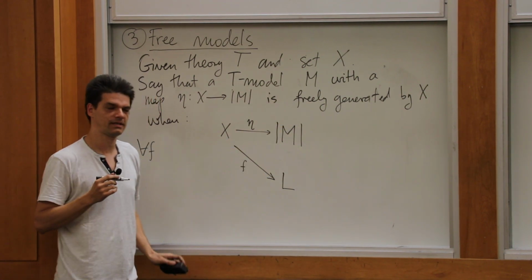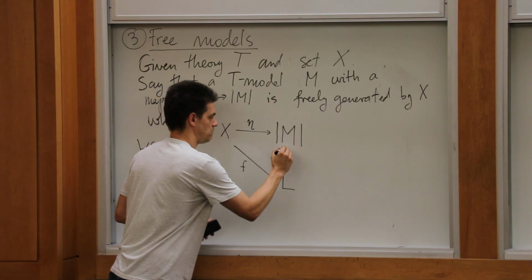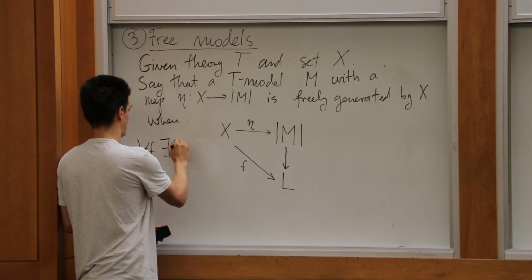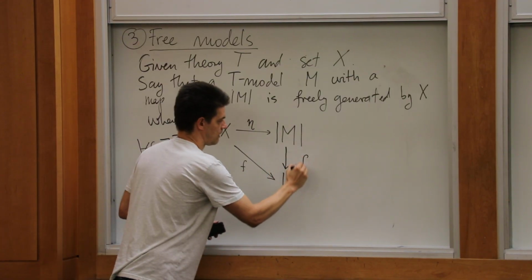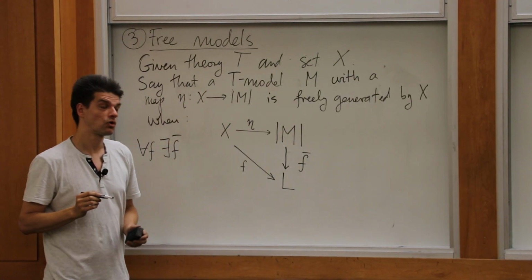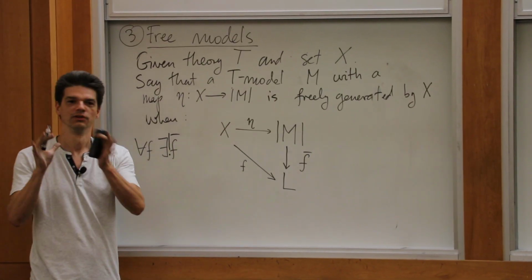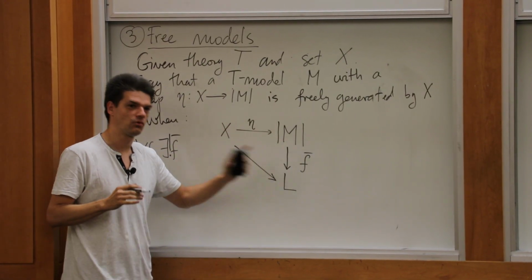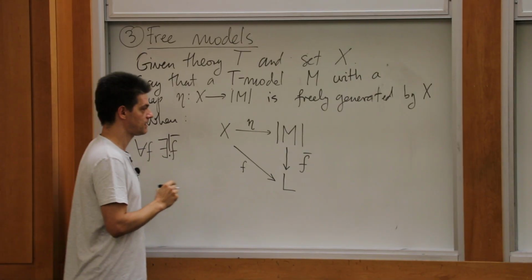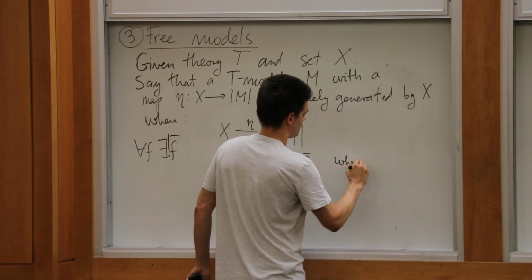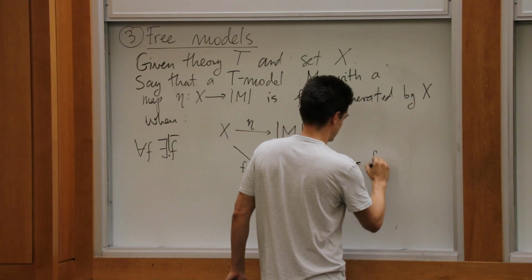So instead, I say it's the best, which means there is an arrow going here. And moreover, I require that it's unique. It's so good that there is just one arrow going this way. And this arrow needs to be a homomorphism. I forgot to define homomorphisms.